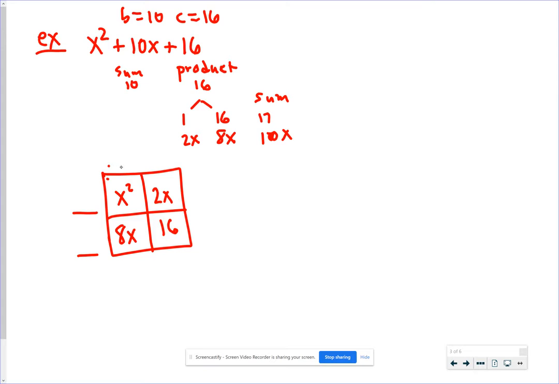So now what I'm going to do is find the GCF of each row and each column. So those blank spaces that I have, I'm going to find the GCF for each row and each column. All right, top row, x squared and 2x, that GCF is x.